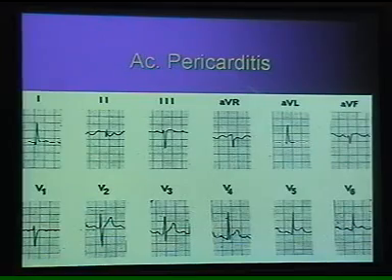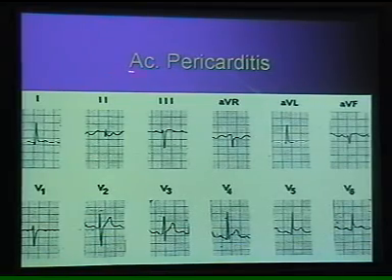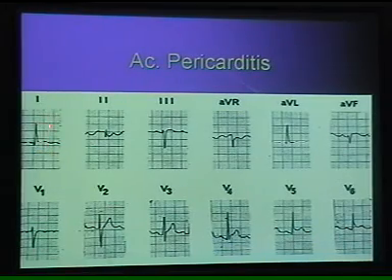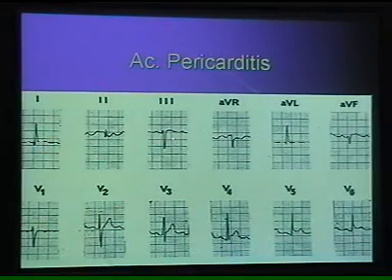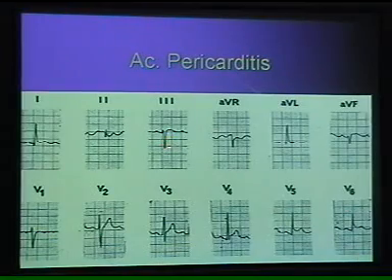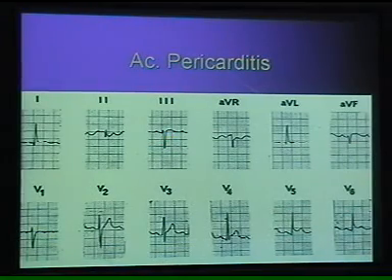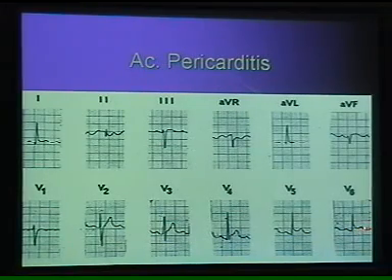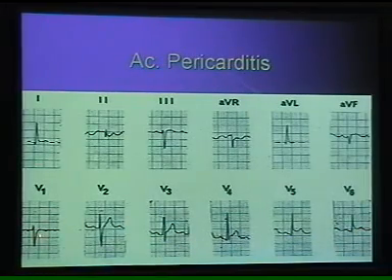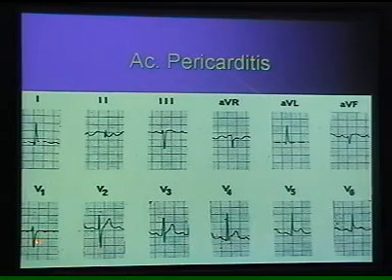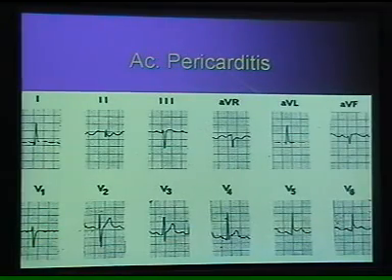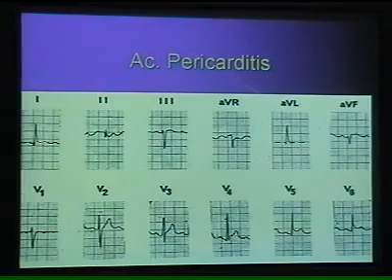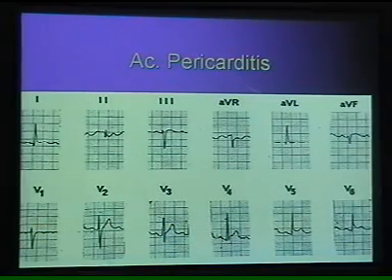Whereas in myocardial infarction, what we would have found was that in lead 1 the ST segment elevation would be associated with ST segment depression in lead 3 or lead AVF. Similarly, V5 or V6 ST segment elevation would be associated with depression in V1. So the ST segment changes are opposite on the opposite leads in myocardial infarction.